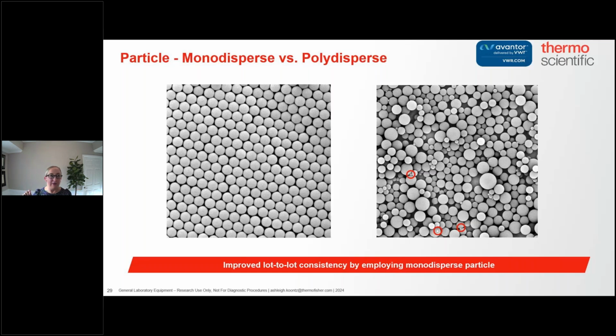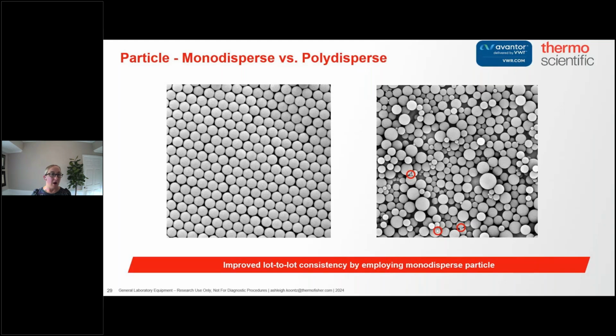You can see it in the red circles in the right SEM image. You have a lot of fines and things that are inherent in that legacy manufacturing process that can create issues down the line. And so monodisperse is going to allow for a better packed bed stability.